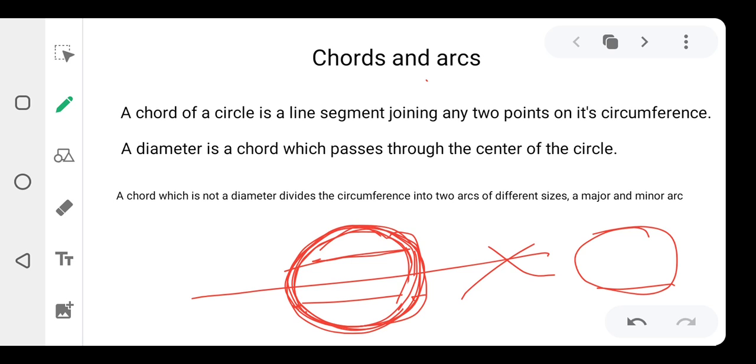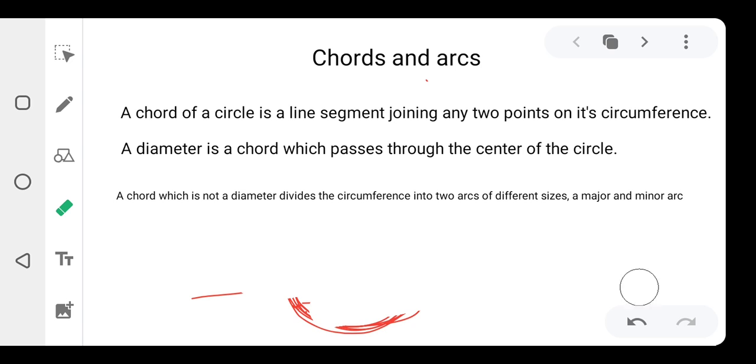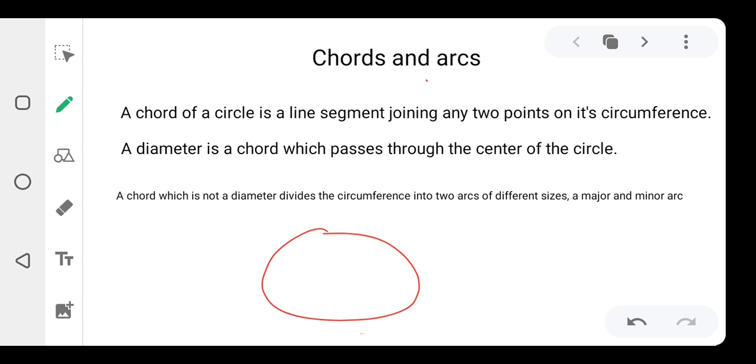You understand it now. So let us talk about diameter. What do we mean by diameter? Let us talk about diameter so we can talk about other stuff. So for example, if you have a circle like this, a diameter is a chord which passes through the center of a circle.